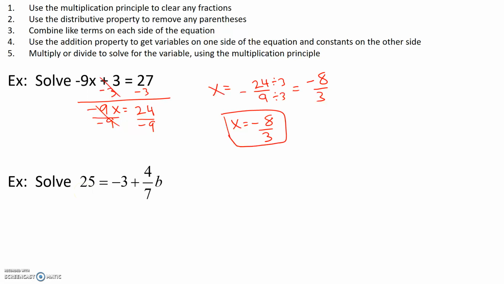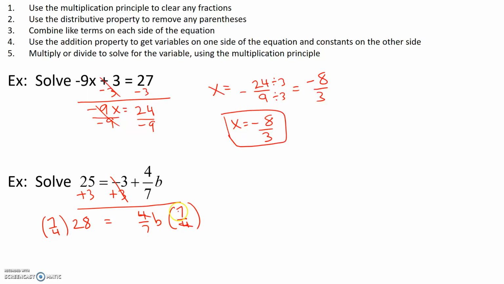Step 4, use the addition property to get variables on one side and constants on the other side. All the variables are already on the right side of the equation, so we can add 3 to each side in order to isolate the variables on the right side and the constants on the left side. Now, we learned previously that if a variable is multiplied by a fraction, to undo that, you would multiply by the reciprocal of that fraction, which in this case is 7 over 4, and multiply the left side also by 7 over 4.